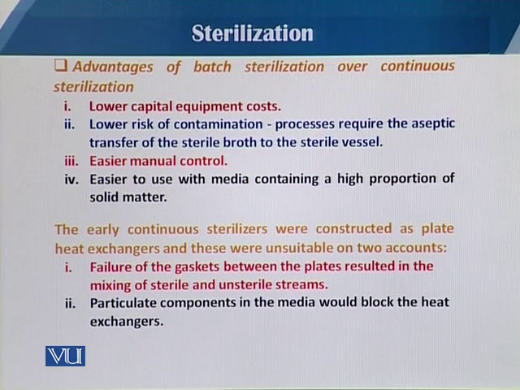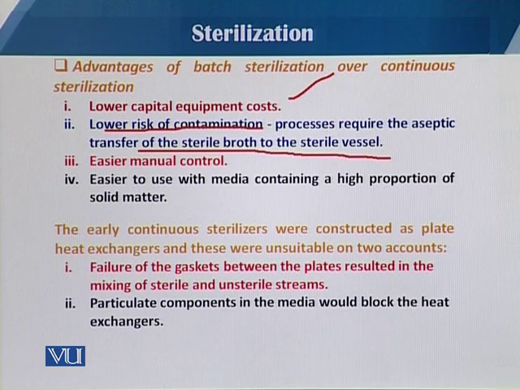As concerned the advantages of batch sterilization over continuous sterilization, it requires low capital investment and has low risk of contamination, because continuous sterilization requires the aseptic transfer of sterile broth to the sterile vessel, and in continuous culture we need sump and dump lines.